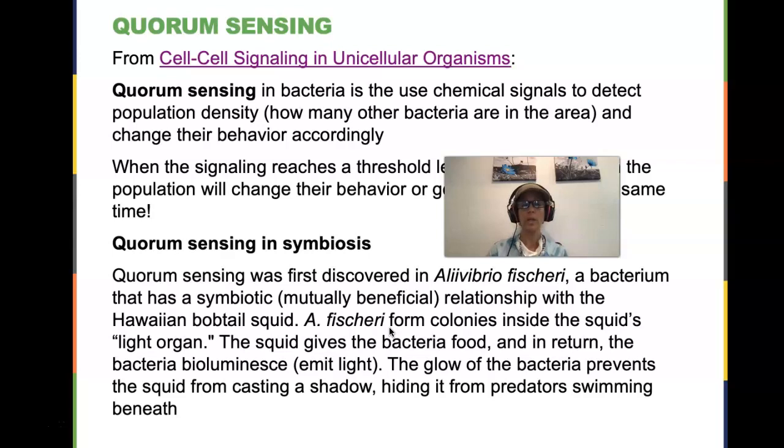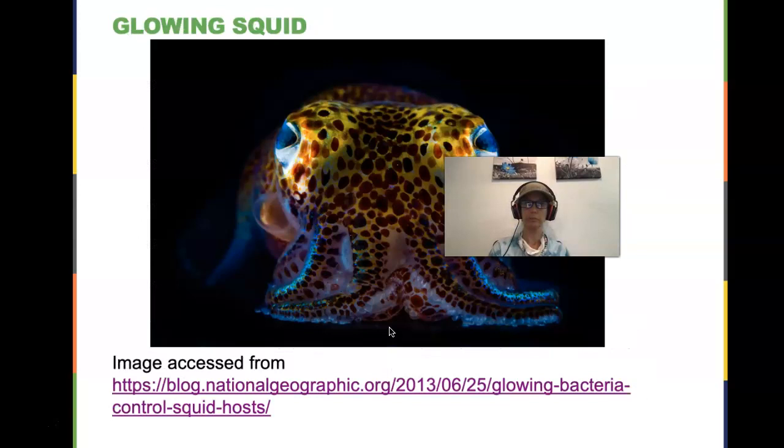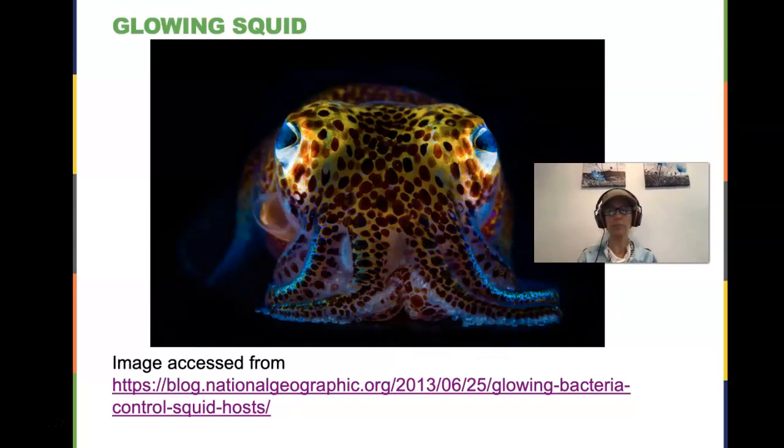water. So how does this signal happen that's emitted from these prokaryotic cells that triggers a response in the entire population of those prokaryotic cells? There's a cute little squid. Move my image off of it so you can see it.